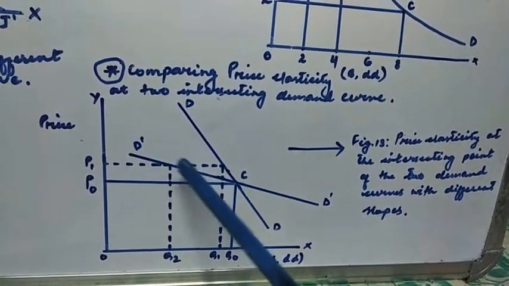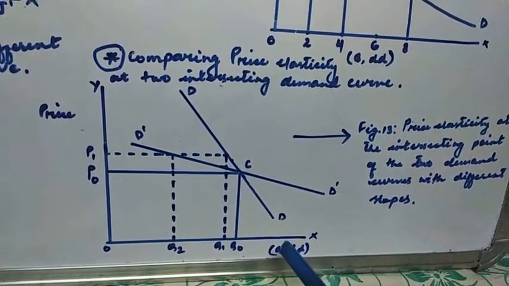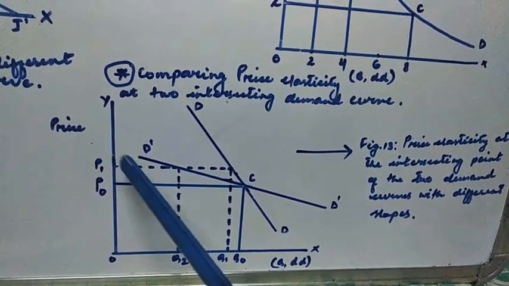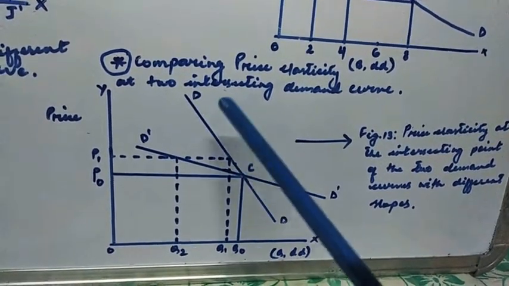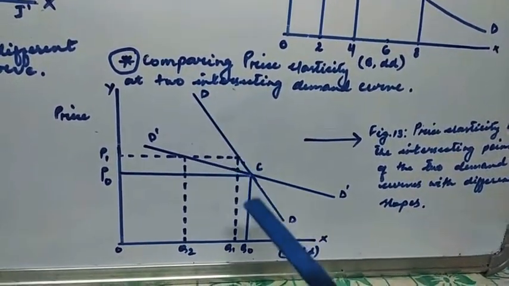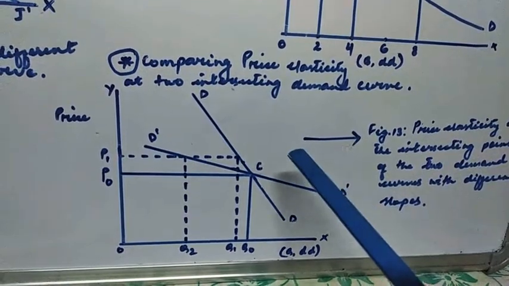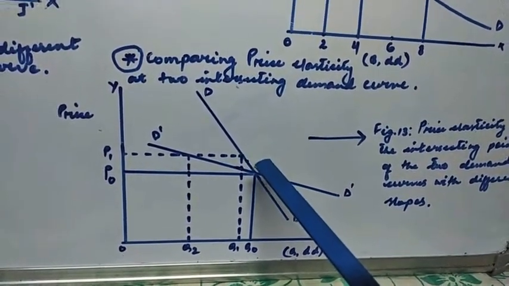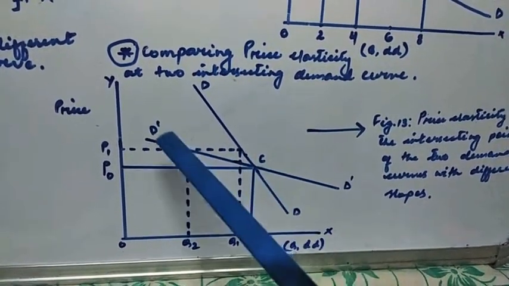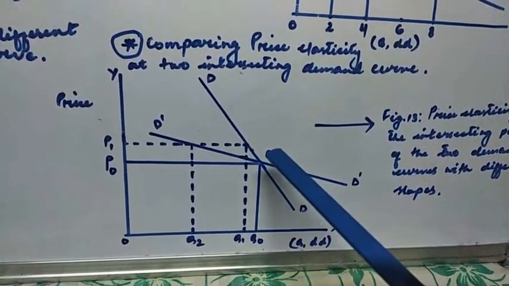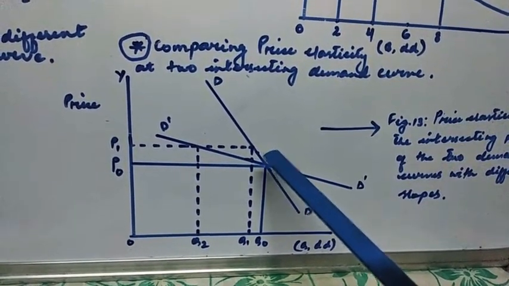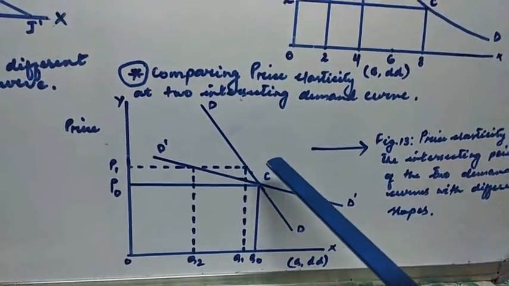These are the two demand curves, and on the X-axis we are measuring quantity demanded, on the Y-axis price, and O is the origin. So what happens to the price elasticity when two demand curves intersect? C is the point of intersection between the two demand curves, DD and D dash D dash. So what is the price elasticity at point C?